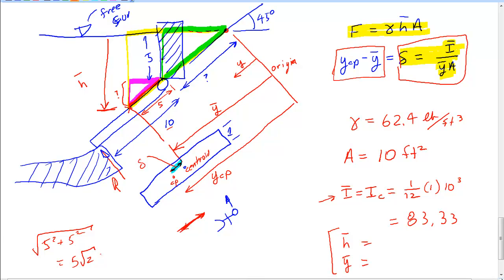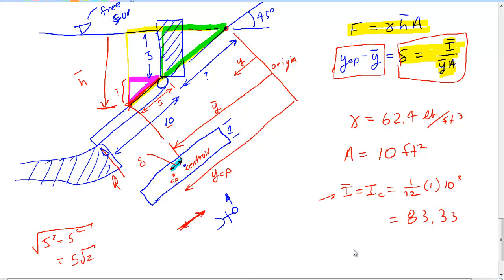So I don't know what that number is, but that helps me because it tells me that I can find, say, Y bar first. Y bar is nothing more than 5.